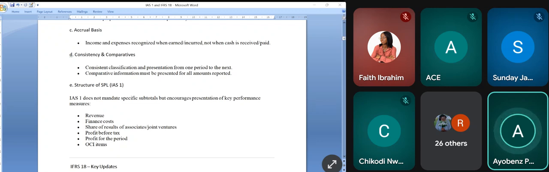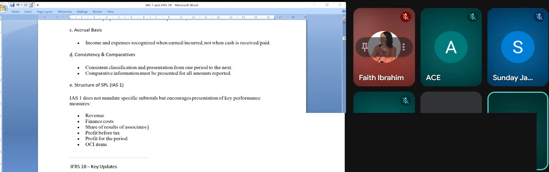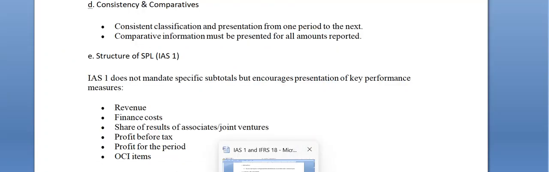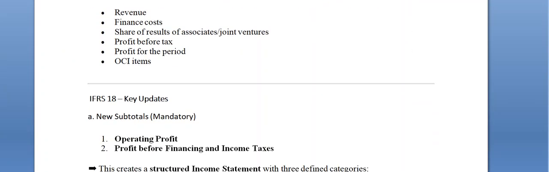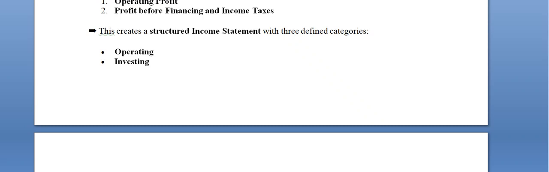Now, under IFRS 18, it has changed. These are the only changes that came into being between IAS 1 and IFRS 18. These are the main ones. Other changes actually are there, but these are the key ones that you need to know. And what are these changes? Quickly, let's look at them. Under IFRS 18 now, we have what we call the new subtotals.